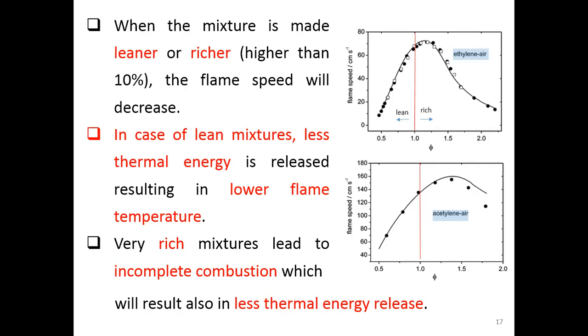In a lean mixture, it is because of lower flame temperatures due to lower flame speed. For a rich mixture, it is because of incomplete combustion.